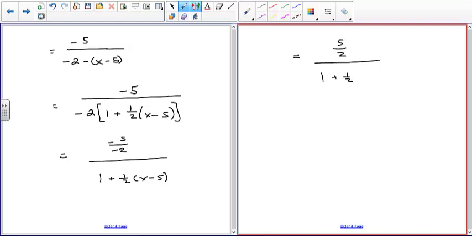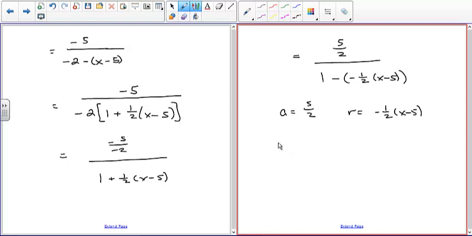So one more step here is we need this to be 1 minus r. So it's going to be negative 1/2 times x minus 5. Okay. Again, this should be exactly the same as the original expression. So what we know is a is 5/2 and r is equal to negative 1/2 x minus 5.